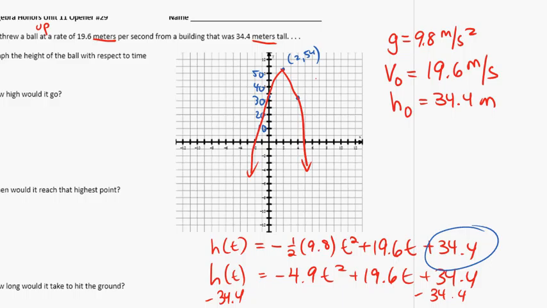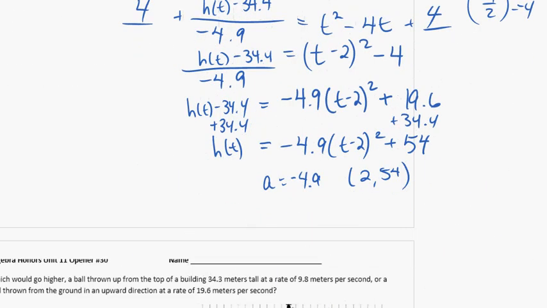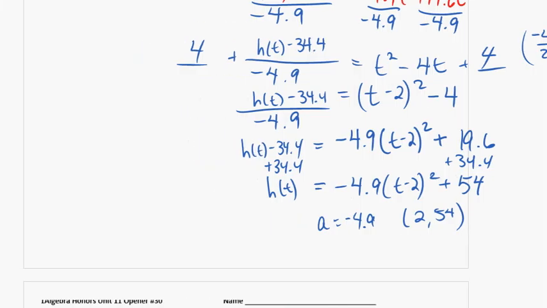So let's find out exactly where it does cross by setting h of t to 0 and solving the vertex form. So 0 equals negative 4.9 t minus 2 squared plus 54. I subtract 54 from both sides.